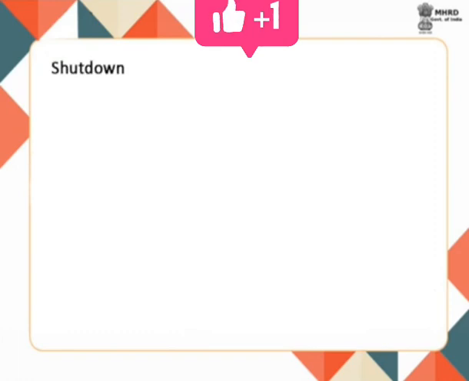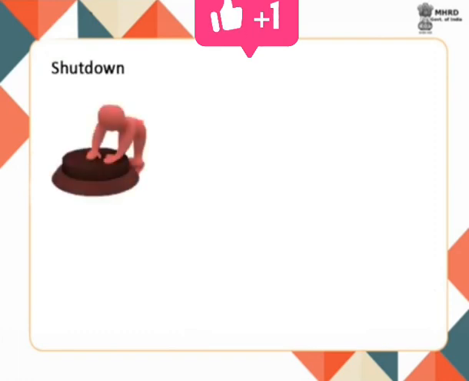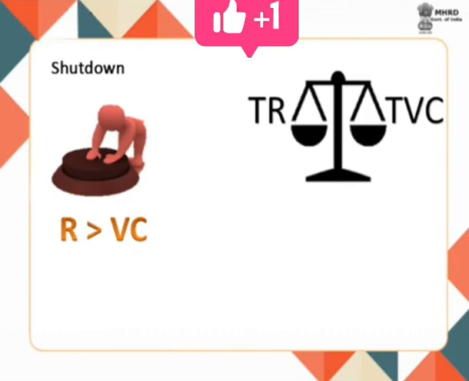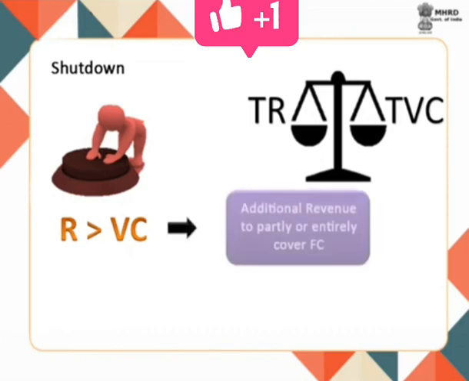When a business decides to shut down, it must compare the total revenue to the total variable cost. If the revenue which the firm is making is greater than the variable cost, then the business is covering its variable costs and there is an additional revenue to partly or entirely cover the fixed costs.